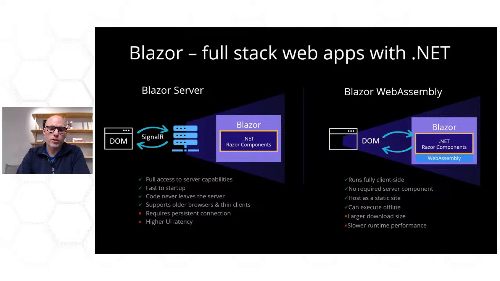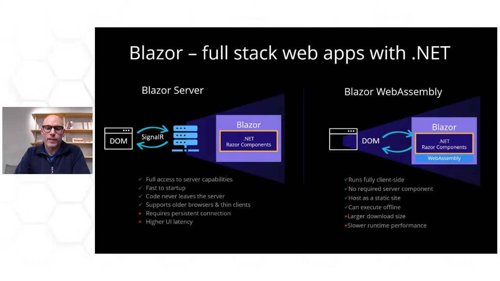And it supports older and slower browsers. But the negative things are that you do need a fast and reliable internet connection. And there are more UI latencies since everything is processed on the server and just more or less streamed to the browser.